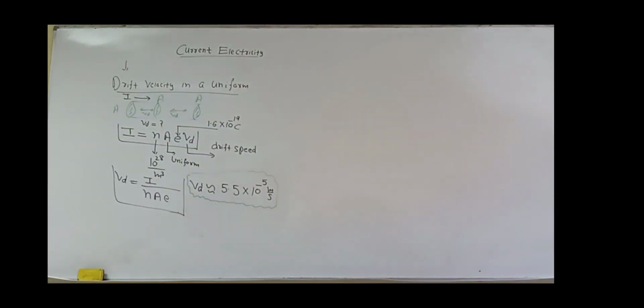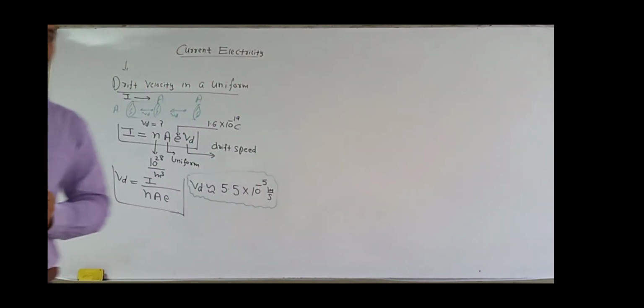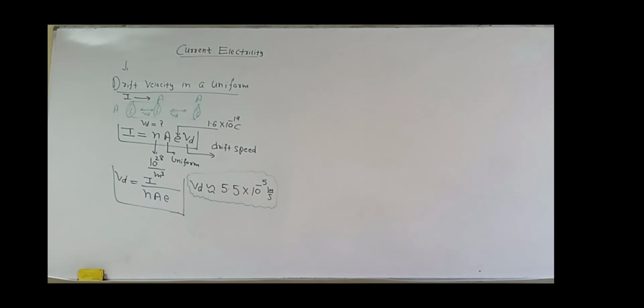If I turn on the light, instantly the light is glowing, right? So how is it possible, because the electrons in the wire have such a small drift speed? How is it possible for the light to glow instantly?